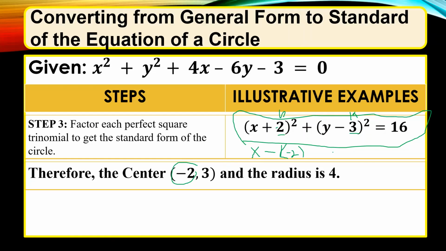Since r is the radius, r squared here is 16. To get the radius, we need to take the square root of 16, which is obviously 4. So the center is at the ordered pair (−2, 3), and the radius is 4.